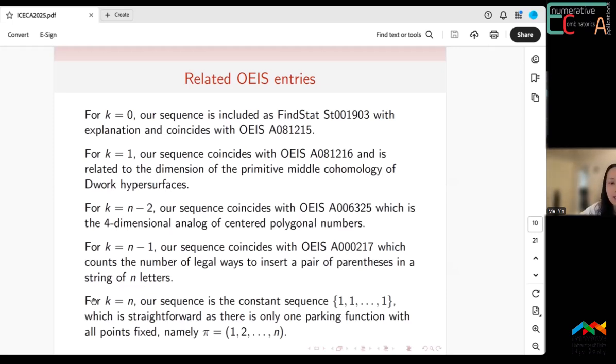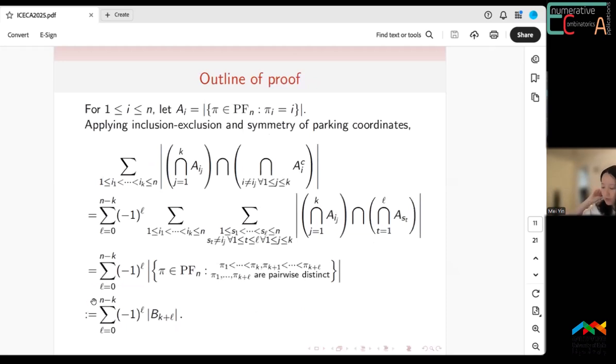And here is an outline of a proof. The proof at the start is actually quite classical. We are just going to use the inclusion-exclusion principle for parking functions. When we have k fixed points, we have to choose k indices so that they are fixed points, and then for the remaining indices, we need to state that they are not fixed points.